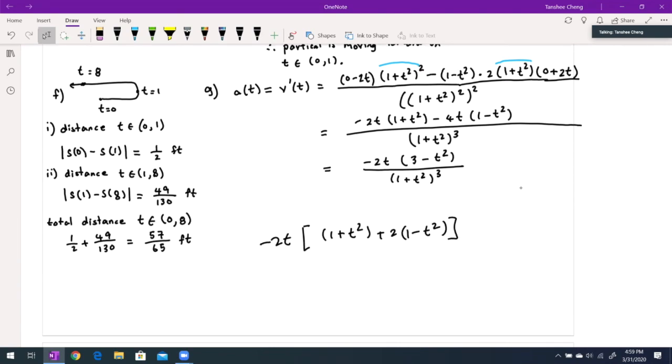And when you continue on this part, that will give me 1 plus t squared plus 2 minus 2t squared. And 1 plus 2 is 3. t squared minus 2t squared is minus t squared. So that's how I got it. Okay? Okay, thank you.